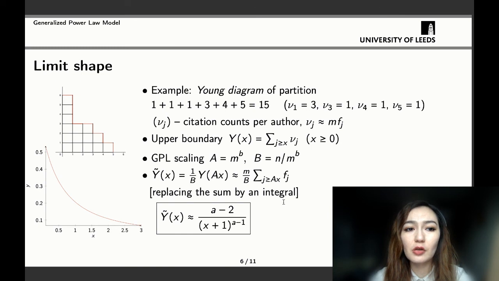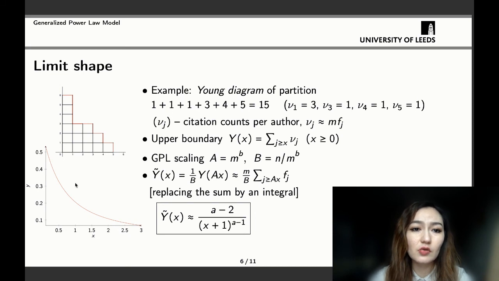For the GPL model, the scalings are given as a and b on the x-axis and y-axis respectively, and the limit shape is given by a minus 2 over x plus 1 to the power of a minus 1. It is shown as a red curve in the lower left plot.